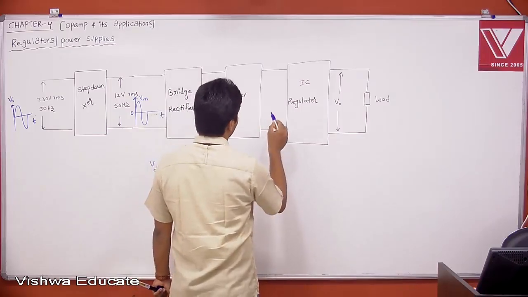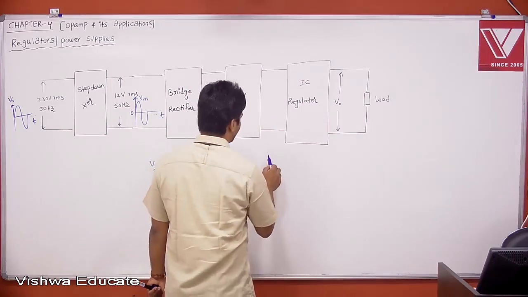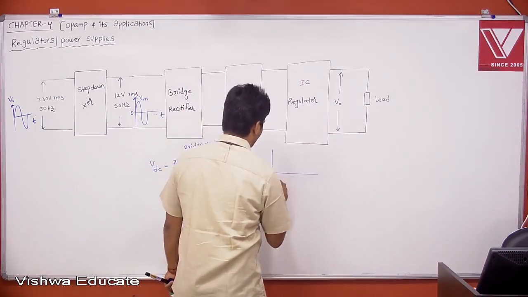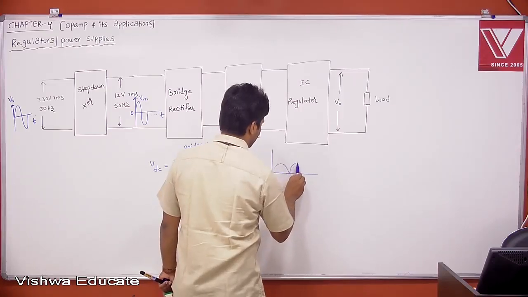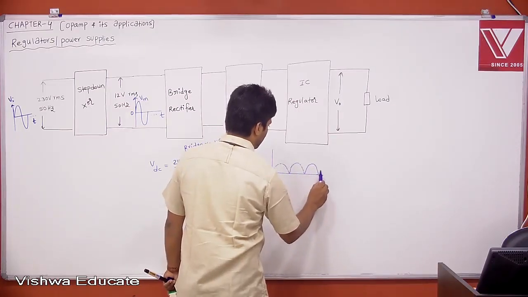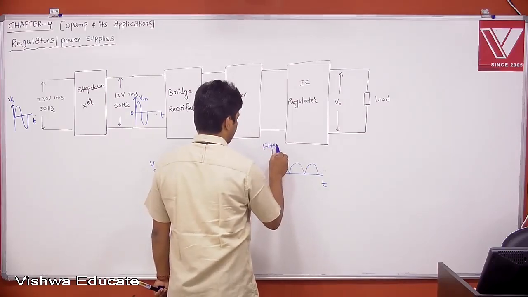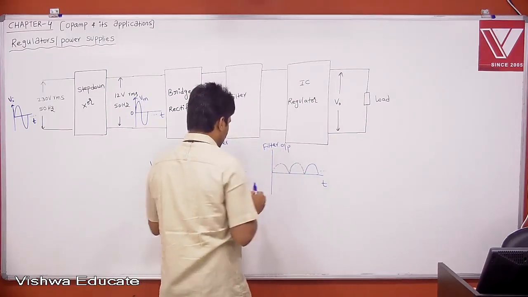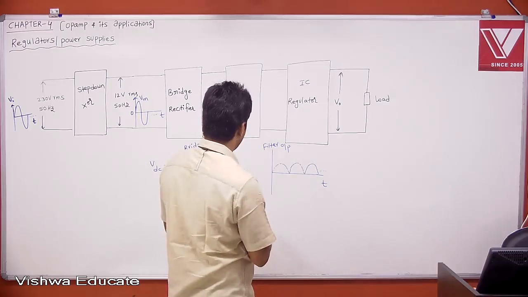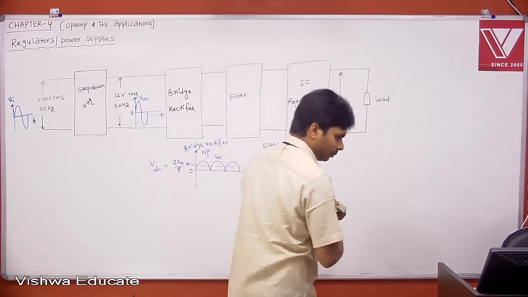Now if you ask me the filter output, here this is the input, continuously. Now the filter output will be tracking the voltage.